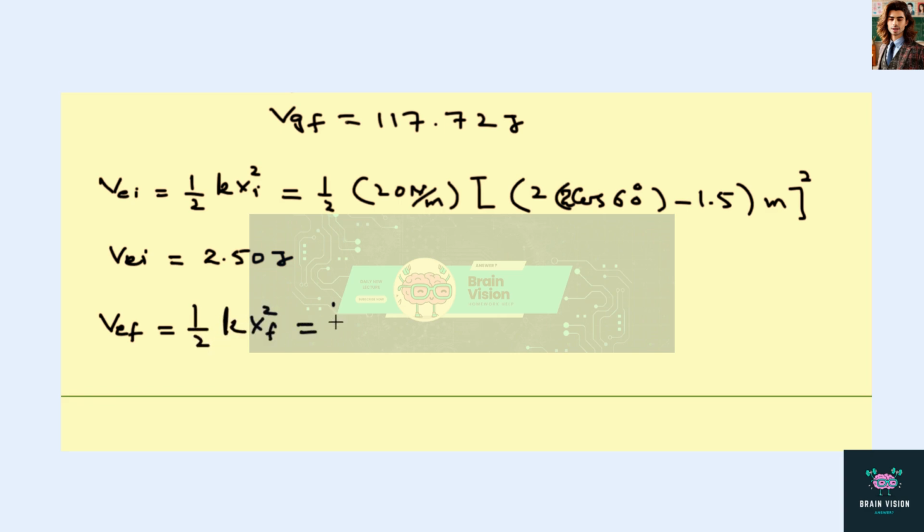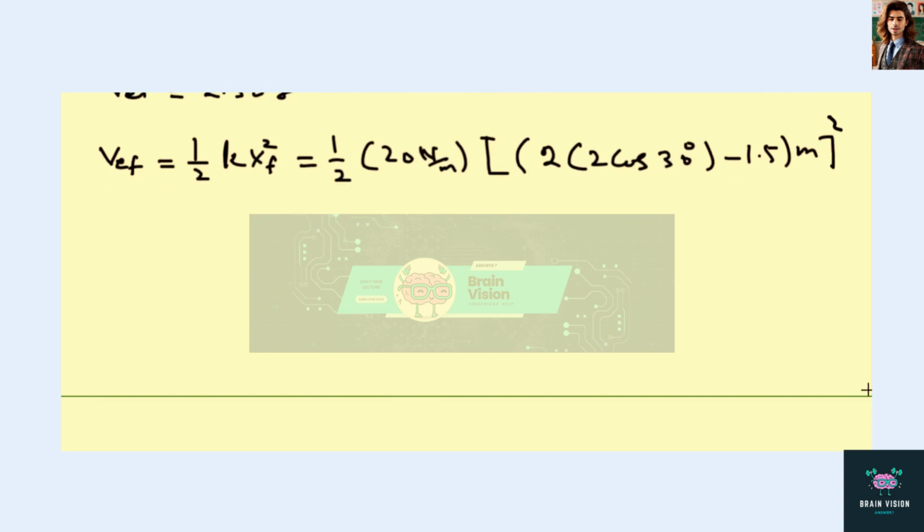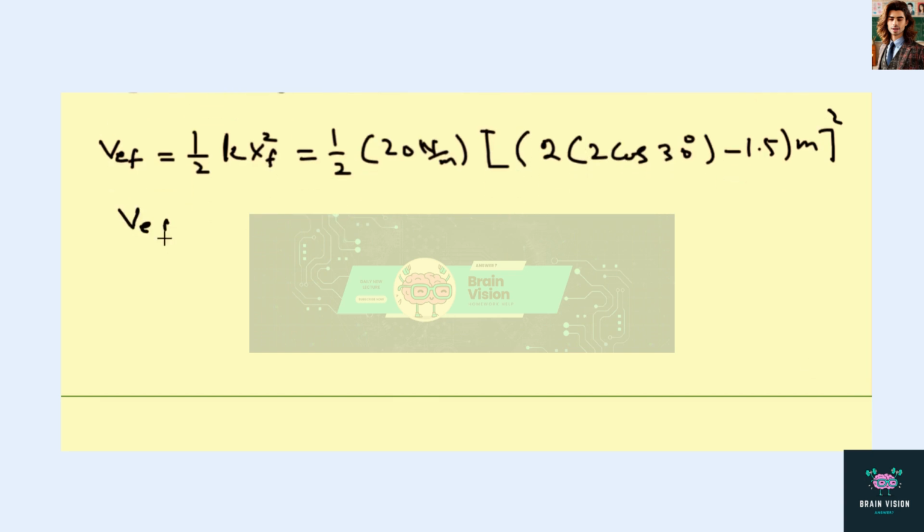So this is written as 1 divided by 2 into 20 Newton per meter, square brackets open, here we can write 2 into 2 cos of 30 degree minus 1.5 meter, whole square. So this will give us the value for Vef as 38.58 joule.